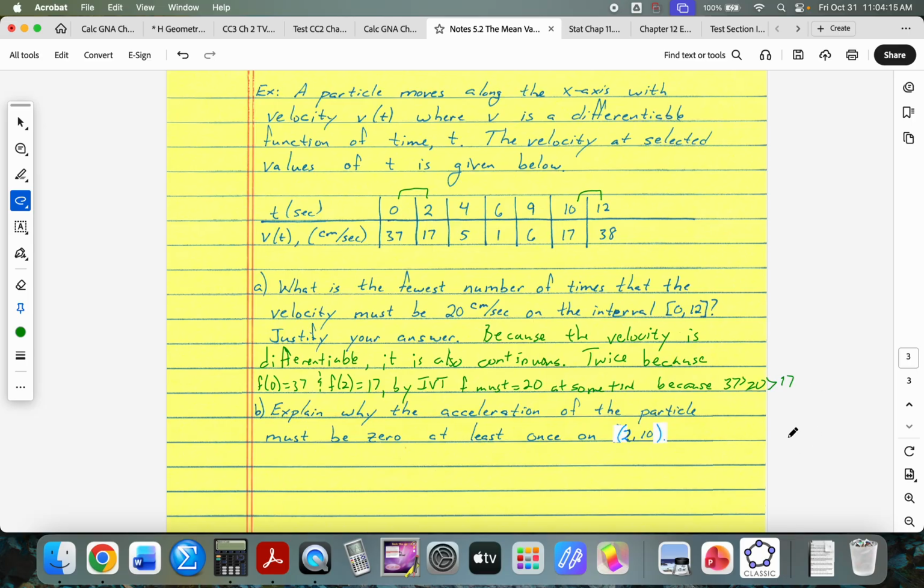Because 20 is in between those two, the function has to go through 20 someplace.